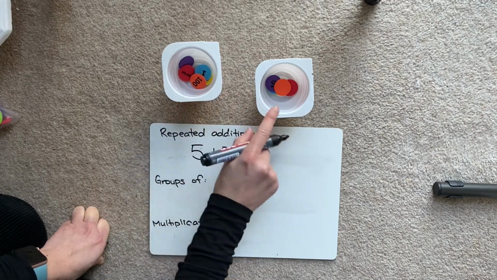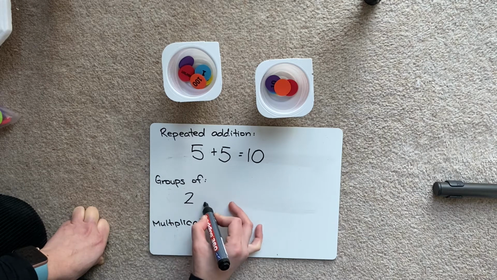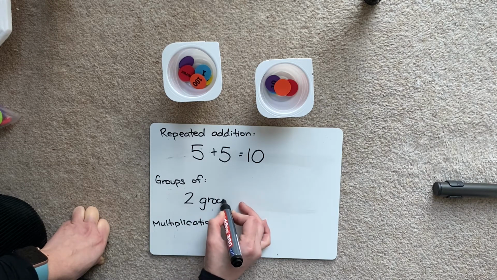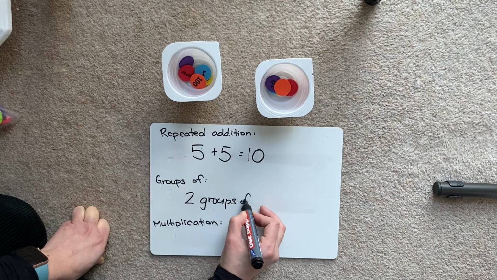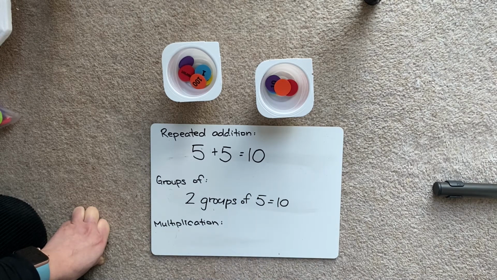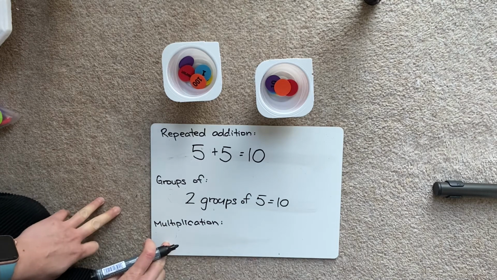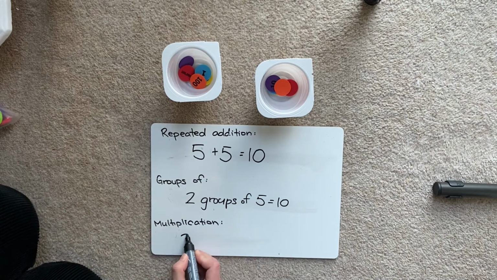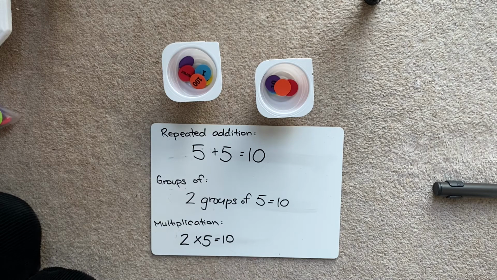We've got 1, 2. 2 groups of 5 equals 10. And our multiplication number sentence is 2 groups of 5 equals 10.